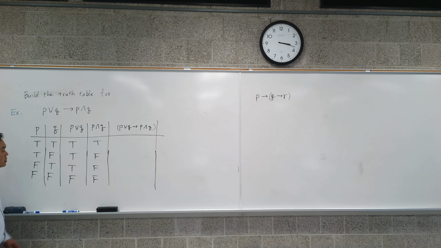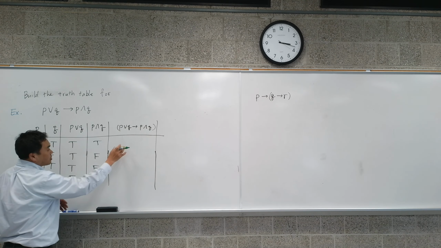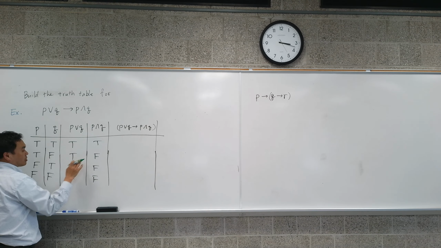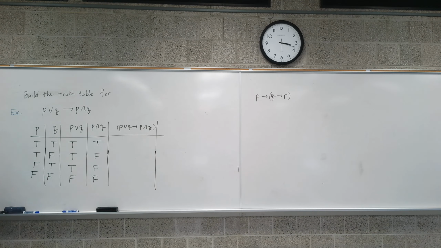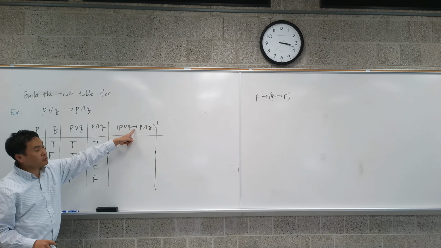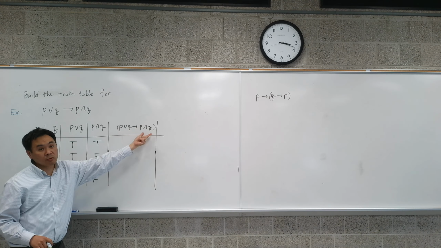And therefore, this will be the data, and you have to see whether T implies T is true, T implies F, T implies F, F implies F. So that's what you need to figure out. But we know that this if-then statement is false only when the premise is true and the conclusion is false.